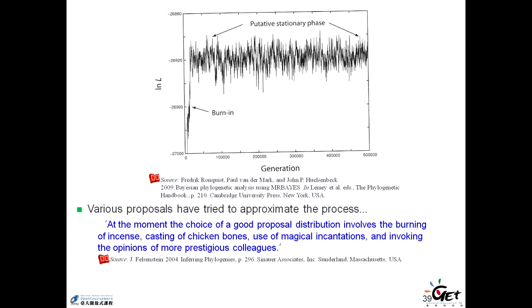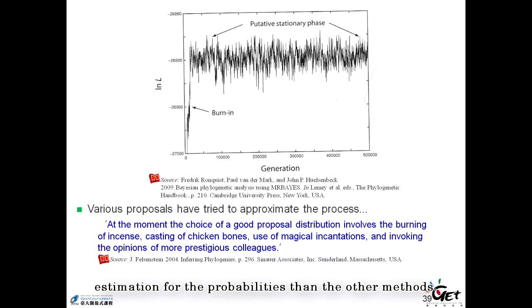Some people have found, from practical examples over the past 10 years using Bayesian inference, that Bayesian inference usually gives you a higher estimate of the probabilities than other methods, although they're not comparable in a sense.